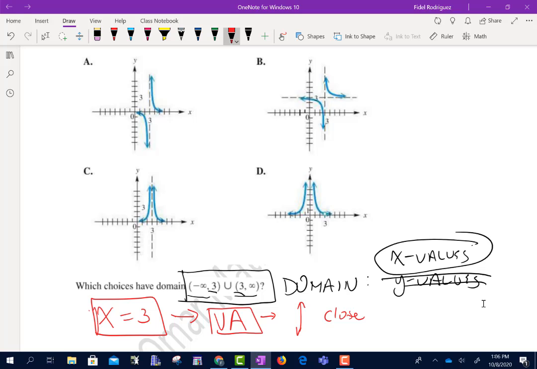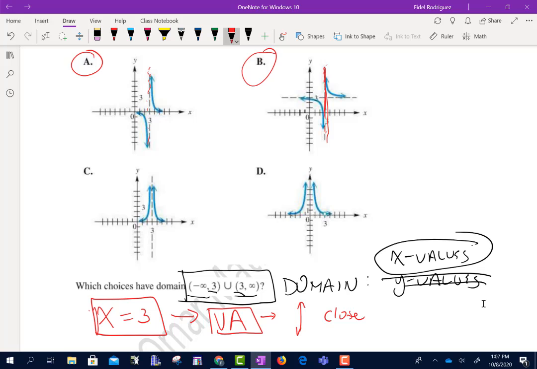Okay? So I want you to notice here. Here's a vertical line at x equals 3. The graph gets really close to it, but it doesn't touch it. So far I would say, well, look, A seems to be one of my choices. Okay? Here's another one. Look, here's a vertical line at x equals 3. The graph gets really, really close to it, but it doesn't touch it. So B is also a choice. Okay?